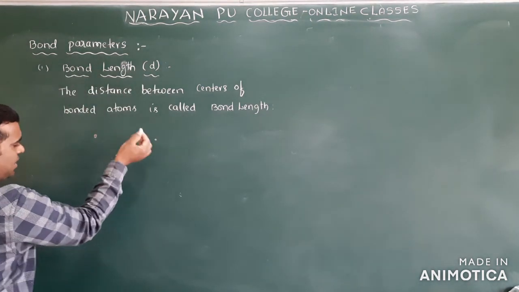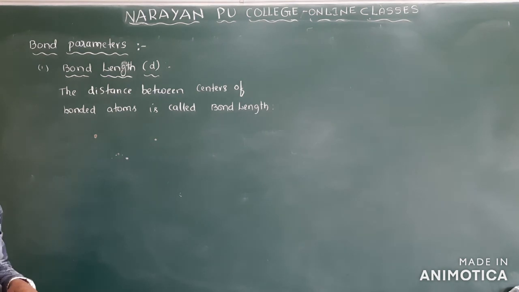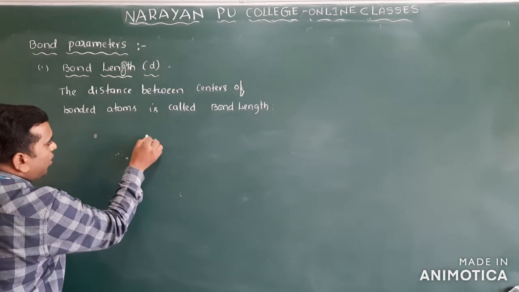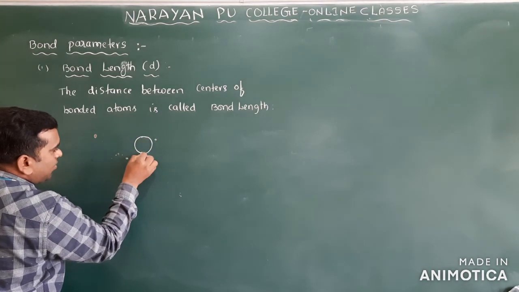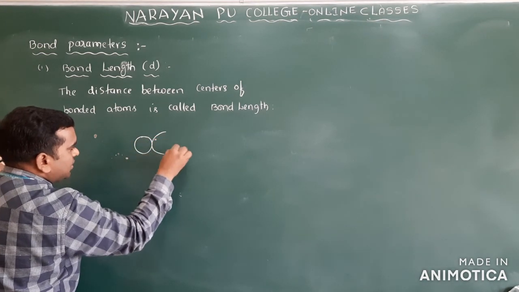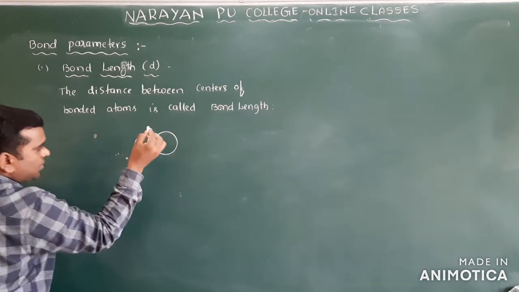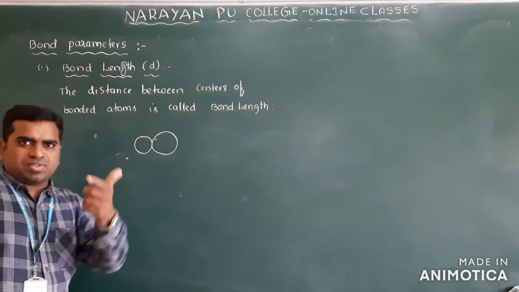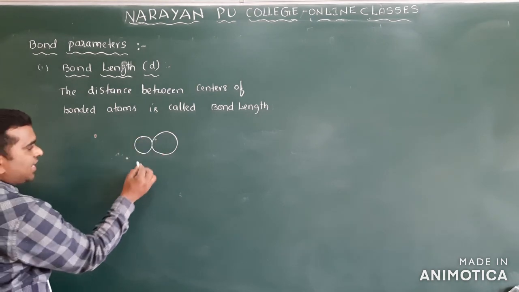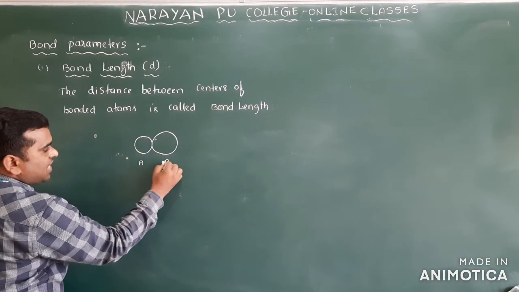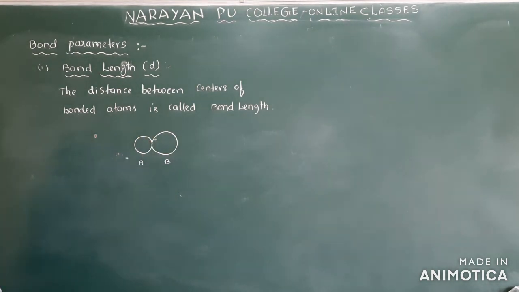Suppose two bonded atoms are there, A and B atoms, and those are bonded. One is a cation, and always anion size should be greater than cation size. Now, if I take this is atom A and this is atom B, they are bonded.